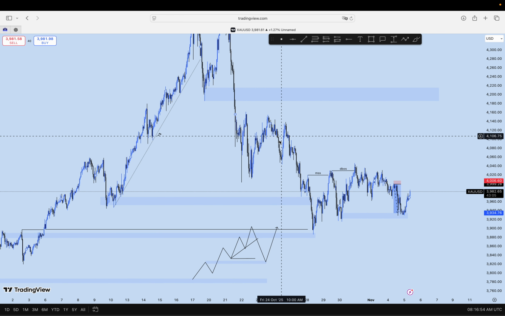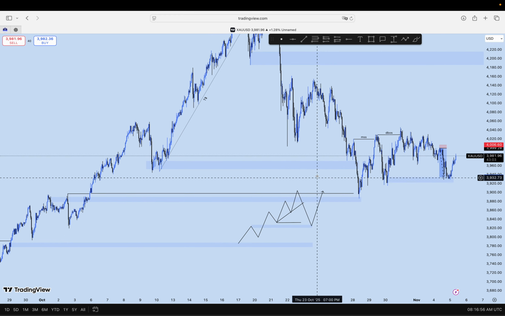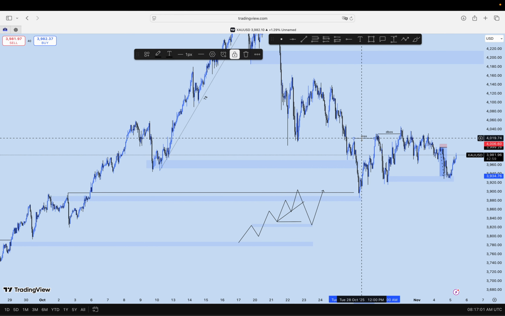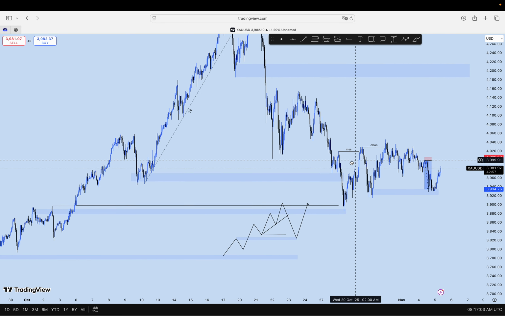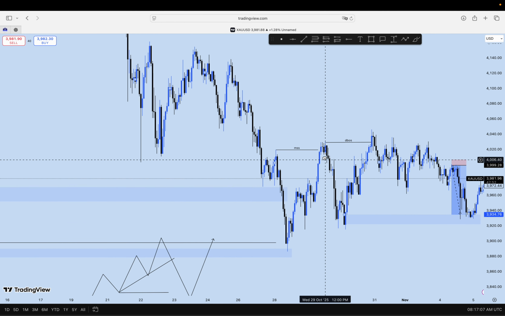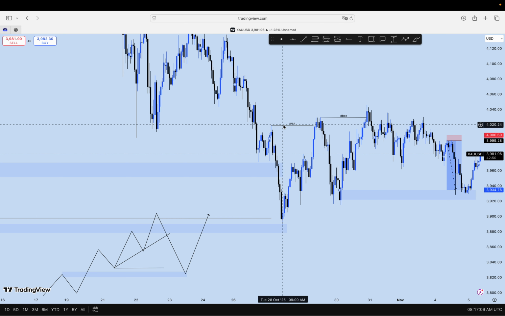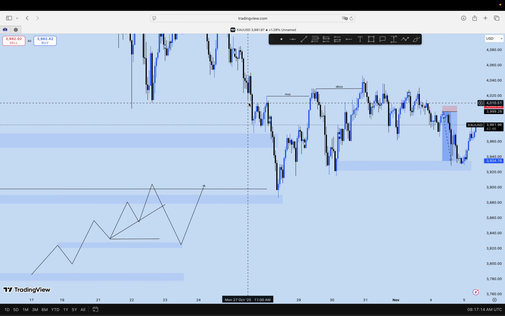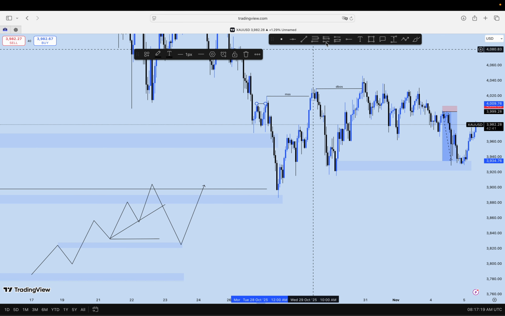So now, after price cleared them and came to this point of interest, I can see a market structure shift over here. The reason I'm considering this a market structure shift is that here price cleared this liquidity and used this breaker to sell off.